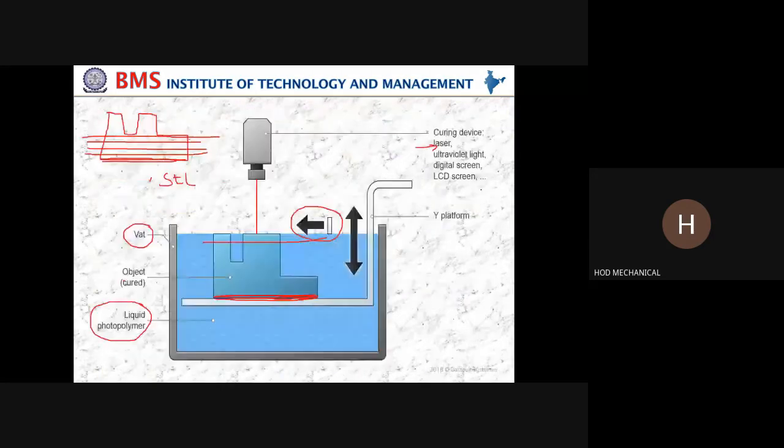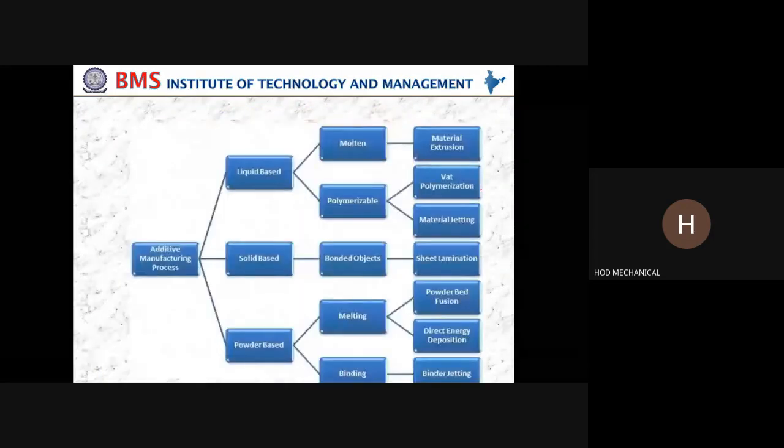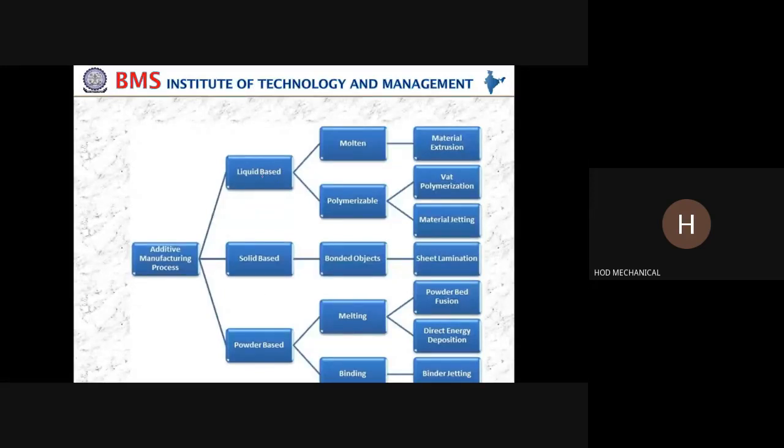But in this case, just observe. What we have discussed is the liquid based. We have discussed vat polymerization and material jetting. These are done using the polymerization principle, and the starting raw material is a liquid based polymer.